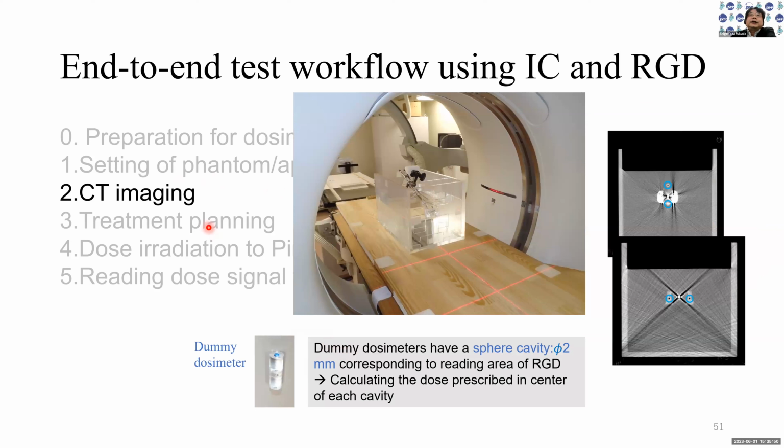And we take a CT image. When we take a CT image using a dummy dosimeter, the dummy dosimeter has a spherical cavity 2 millimeter in diameter, which corresponds to the reading area of RGD. So you can see the position of the dosimeter.